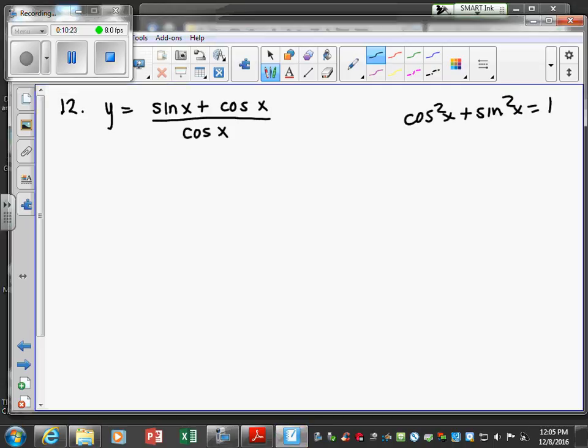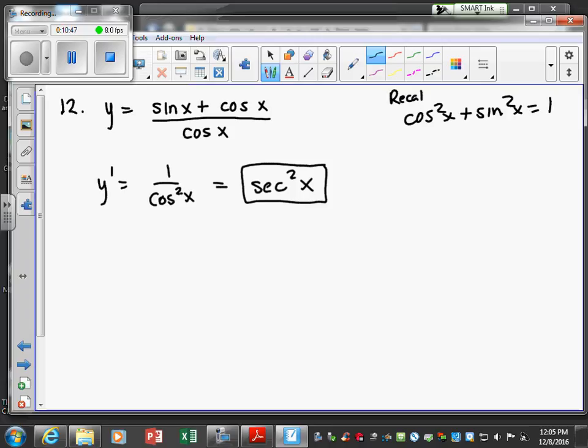That's the Pythagorean identity. At some point you'll remember that when you simplify. But other than that, after you apply the derivative rule, you should get 1 over cosine squared x, which is equivalent to secant squared x. Okay, so that's just your hint right there. You can try this one on your own using the quotient rule.